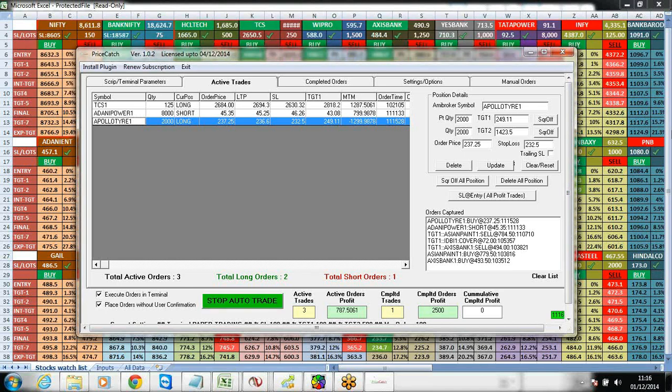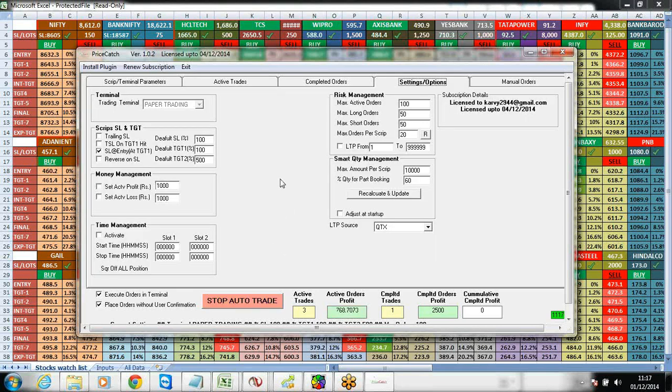So that is one of the strategies I use. In case I couldn't make any trade in Apollo Tires in the morning, I have another chance where I have placed the call earlier and now it got triggered. So you can set your options here.